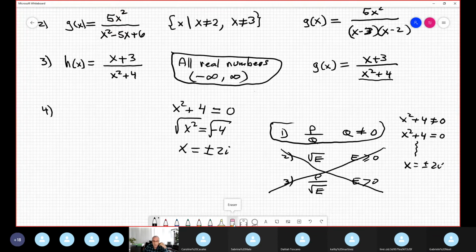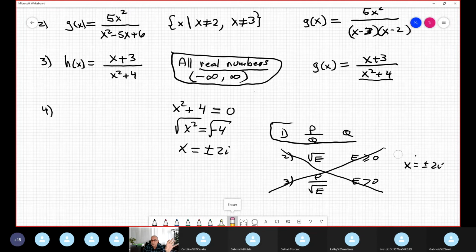This is the restriction. The restriction lives in the imaginary dimension, not in the real field, which is the assumption we suppose. Therefore, the conclusion means we have no restrictions. Therefore, the domain is all real numbers. Clear? Yes. Good, very good.